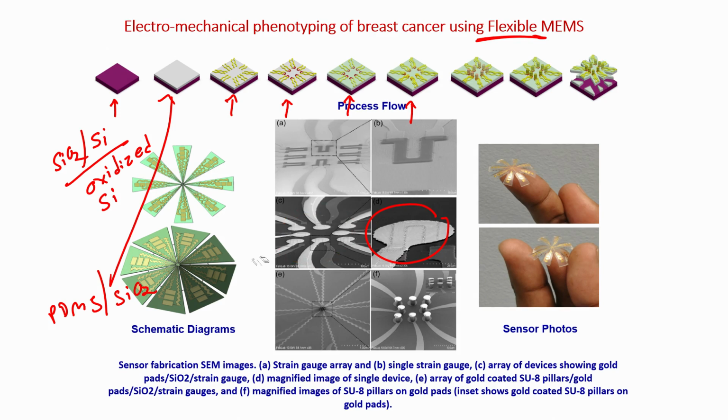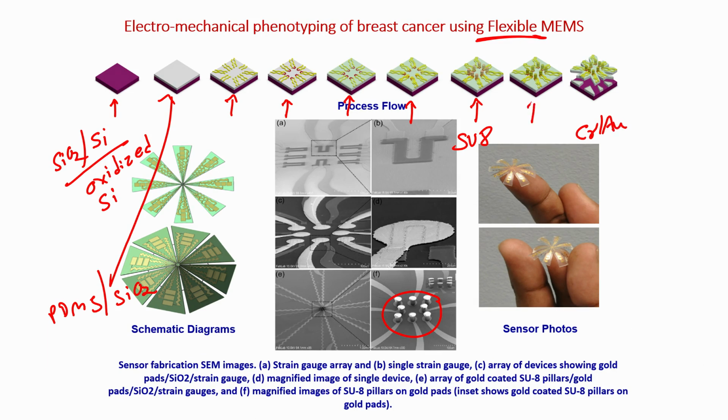On this gold pad, we now have SU8 pillars. You can see here SU8 pillars, this is the next step. Now, SU8 is a non-conductive polymer. So, we can make it conductive by coating the SU8 pillars with a metal. Which metal? We can use again chrome gold.